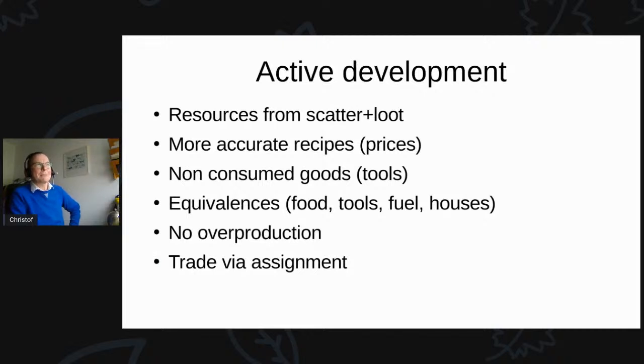There's also more accurate recipes, because I made a simplification when computing the prices from recipes, and this simplification is not that good. The simplification is basically that for a specific item, there's only one good, so one economy unit equivalent.